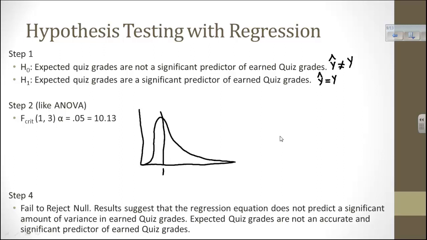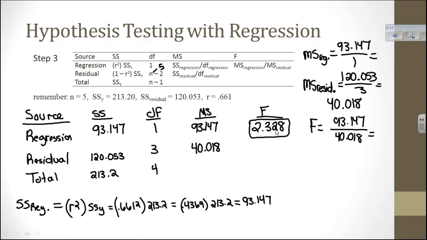And so 10.13 would be like way out here. 10.13. It's a really large critical value because we have a really small sample size. Okay, in this case, let's go back and look. We calculated F to be 2.328.